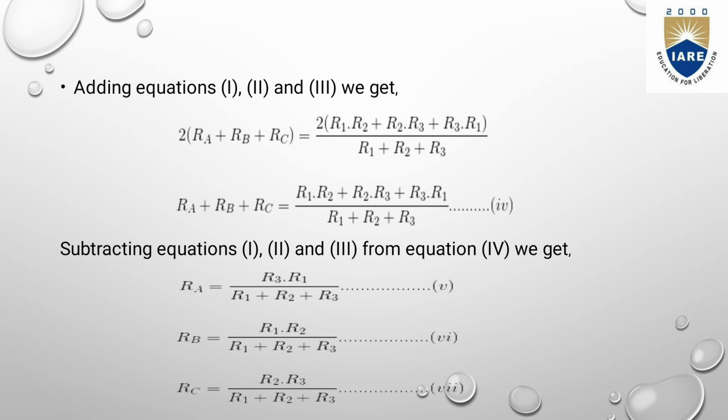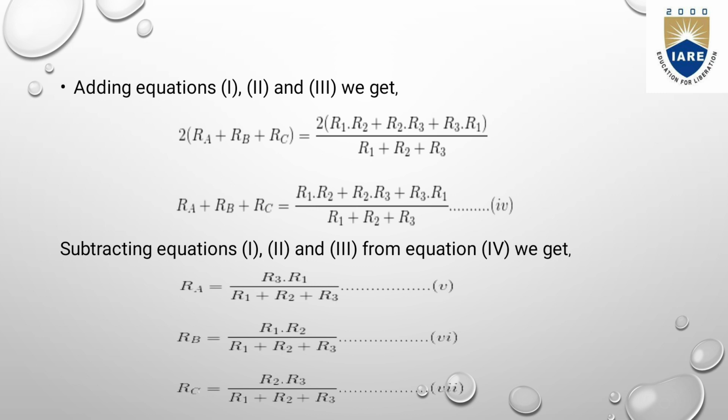Now subtracting equations 1, 2 and 3 from equation 4, we get the following equations. First we are going to subtract equation 1 from equation 4. If we subtract, we'll get RA is equal to R1 R3 by R1 plus R2 plus R3. This will be our equation 5. Next we are going to subtract equation 2 from equation 4.